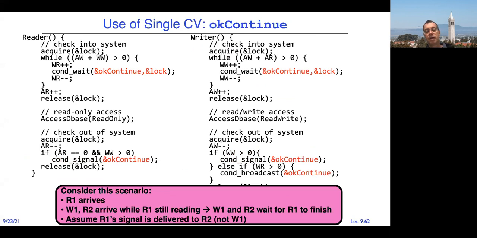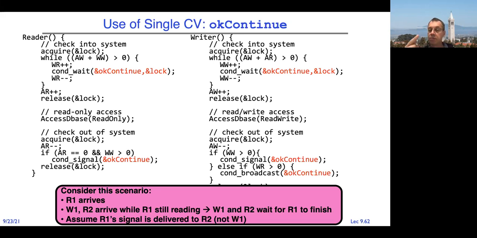Although in theory there is one subtle thing here. This is correct with one condition variable, okay continue. But okay continue is going to wake up one single thread, and that single thread may be the incorrect one, and go to sleep. If I have only one okay continue condition variable, both the writers and the readers are going to wake up on that.